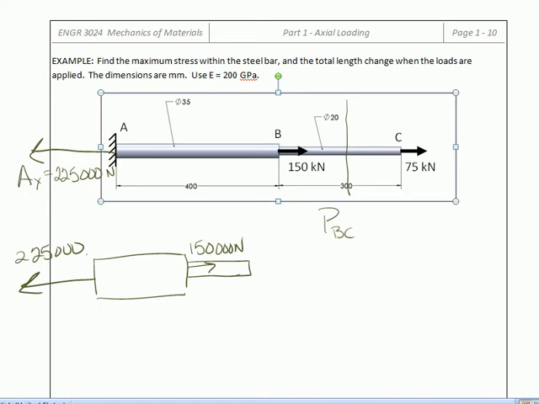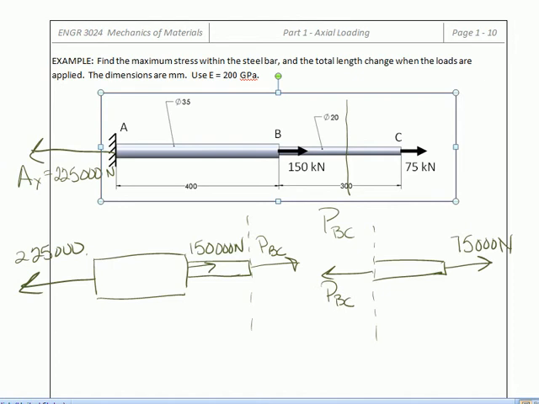Alternatively, if we evaluate everything to the right of the cut, we have the smaller segment of the structure, and we have only the 75,000 Newton force. In either case, the math will give you the correct internal force.